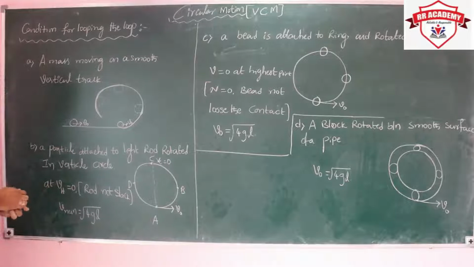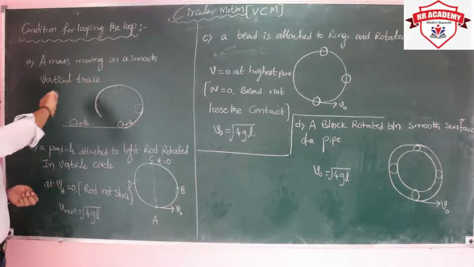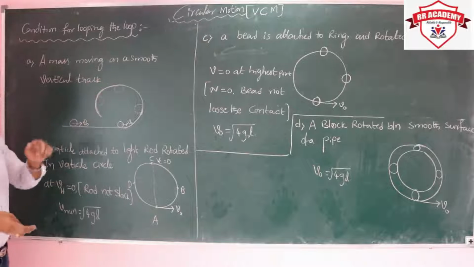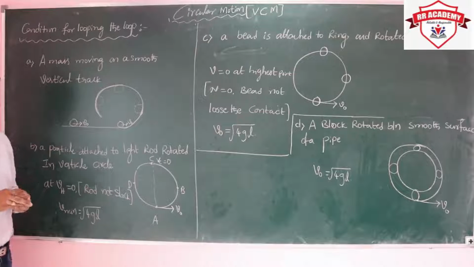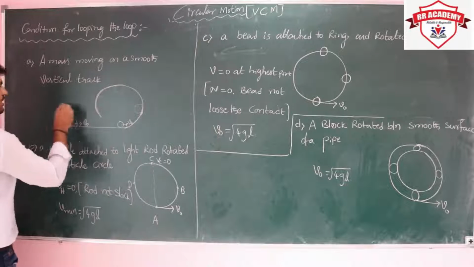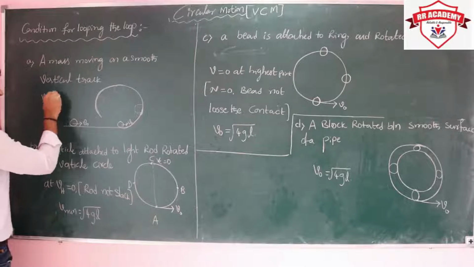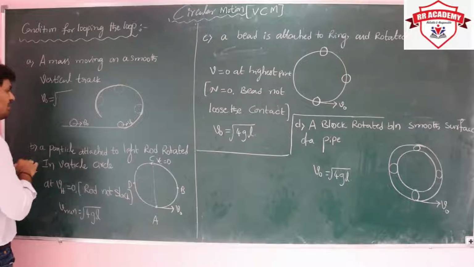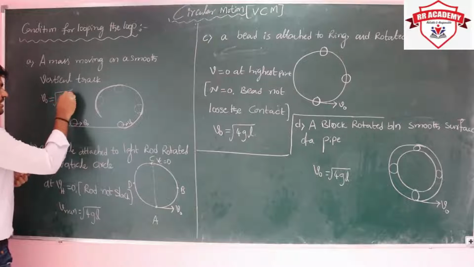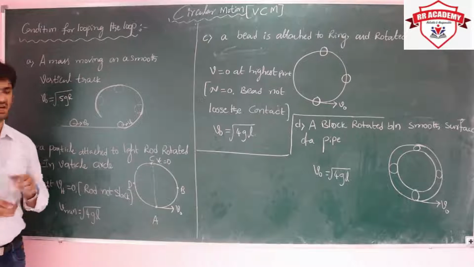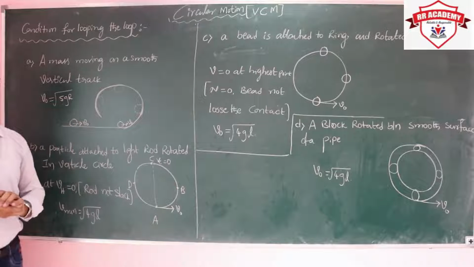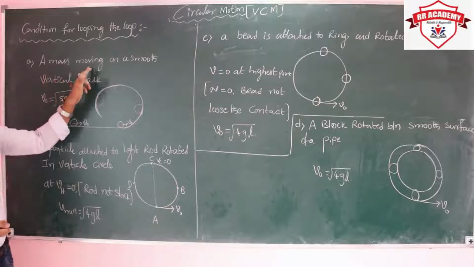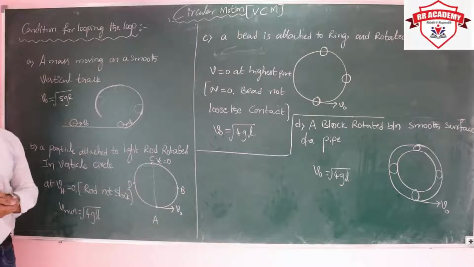In this condition it is just able to continue. At the highest point the normal reaction may be 0, but it does not lose contact. Here the velocity of the particle at the highest point is under root gr, and at the lowest point it is under root 5gr.